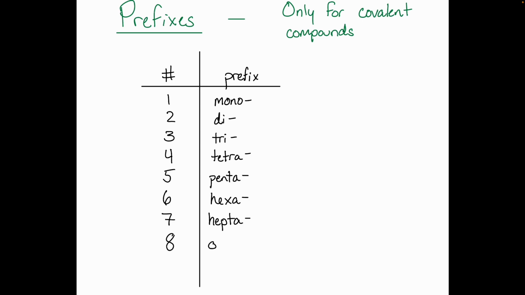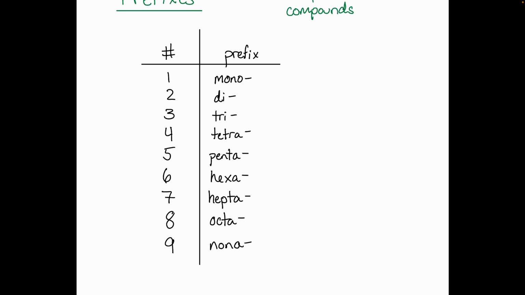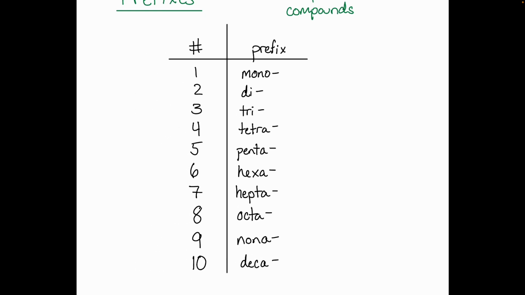Octagon, so 8 is octa. 9 is nona. And 10 is deca. And we're going to stop there. That's good. All right. Truthfully, there's a whole system that I think you can put together any number. This is going to be good for right now. Okay? So here are our prefixes.